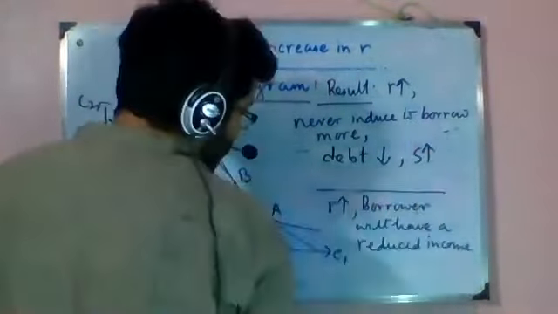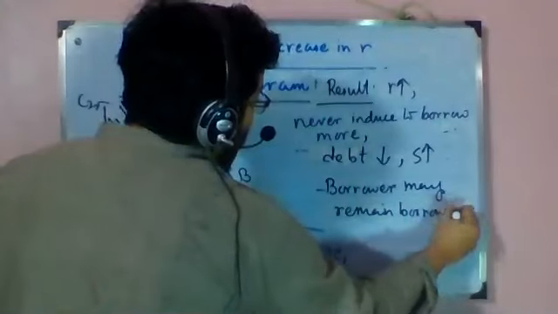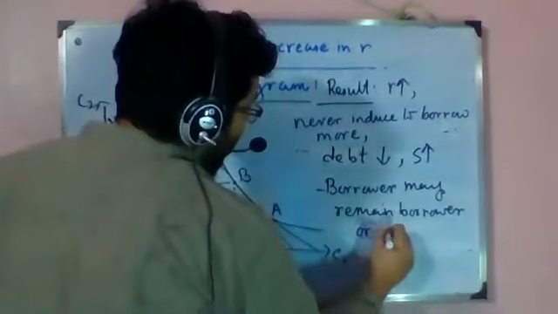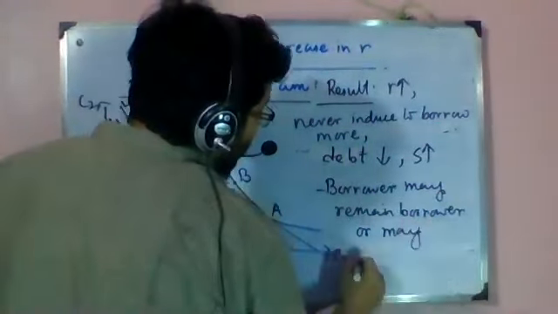Now here we can have two cases. What I'm saying is that when savings is increased, a borrower may remain a borrower, obviously with lesser debt, but a borrower may also become a lender, right?